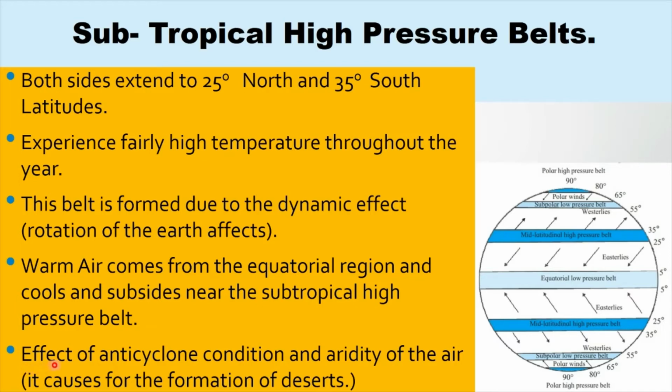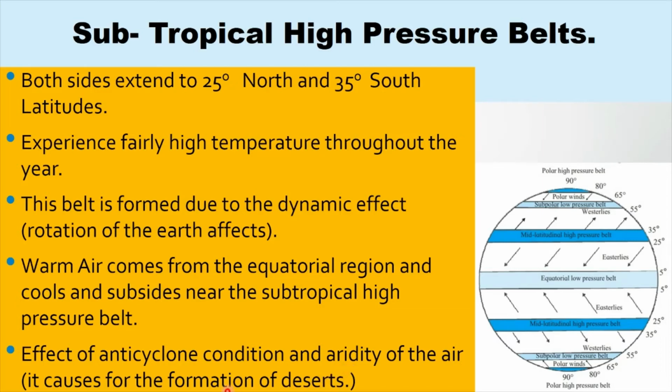This causes anticyclone conditions and aridity of the air. Aridity means it may not have much moisture. If moisture is not there, you know that rain will not be there.